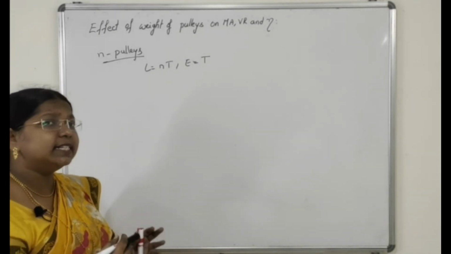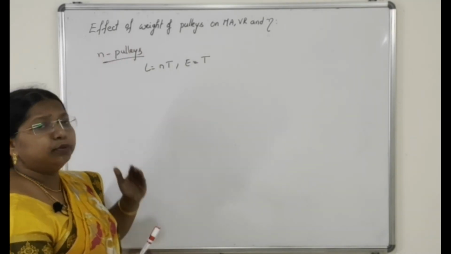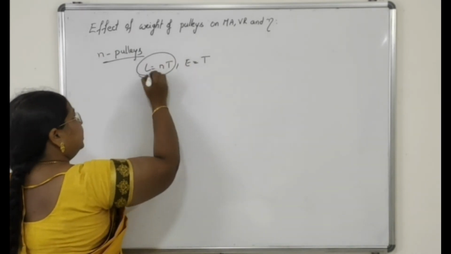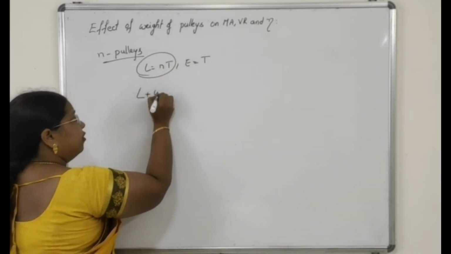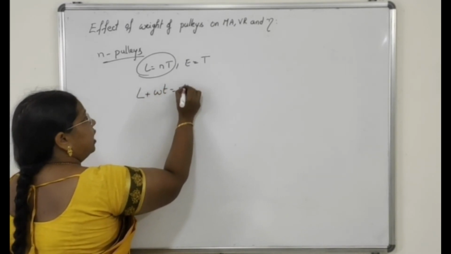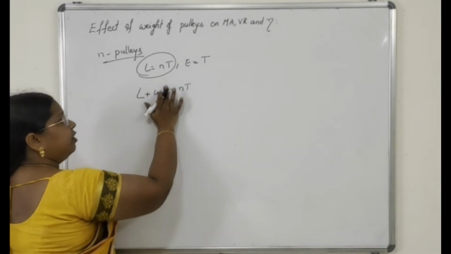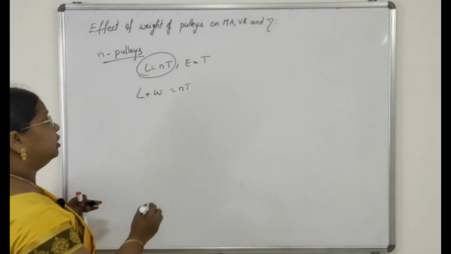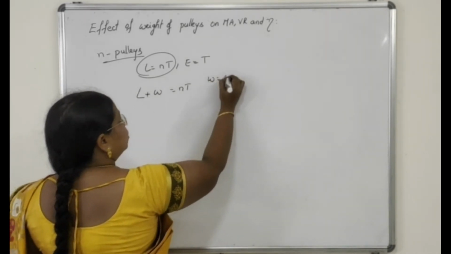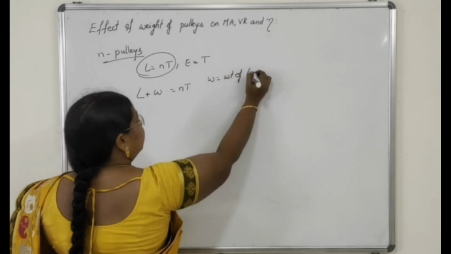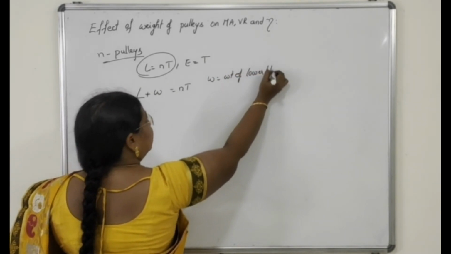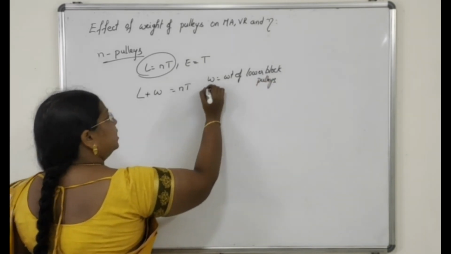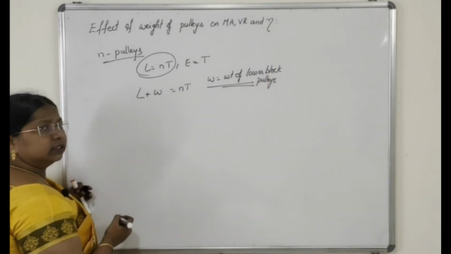So now we are considering the weight of the pulleys also, so your load will be changing. Load plus weight of the pulleys is equal to nT. Let us consider W as the weight of the lower block pulleys.